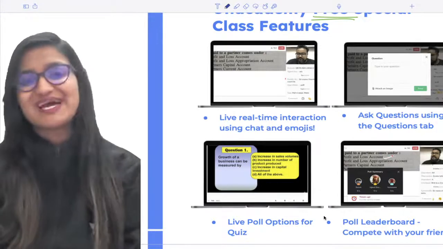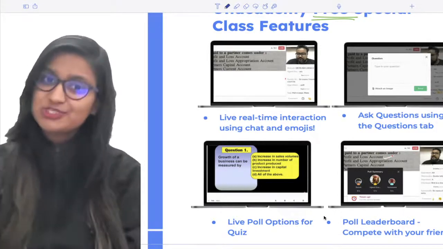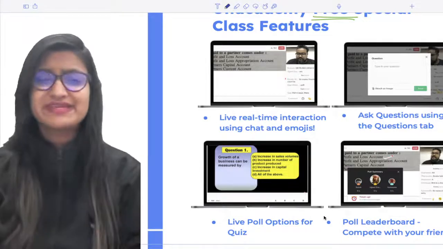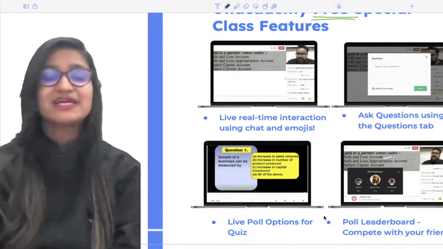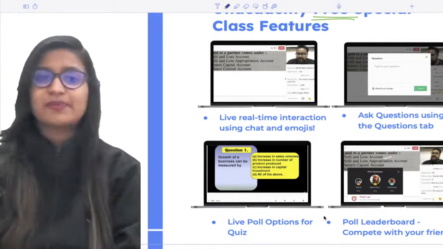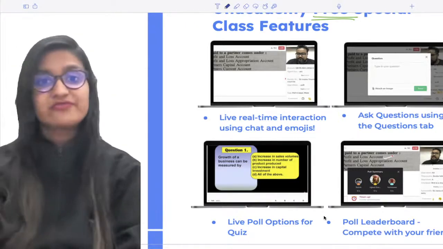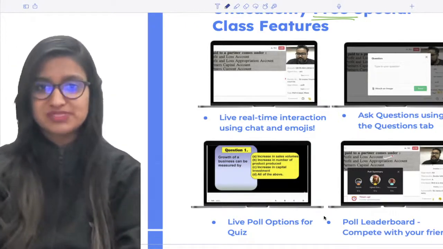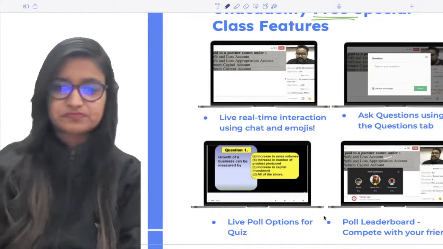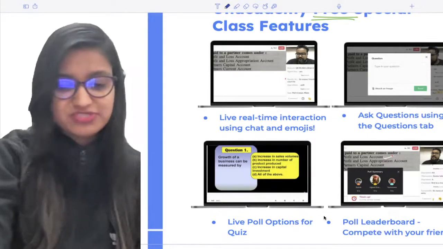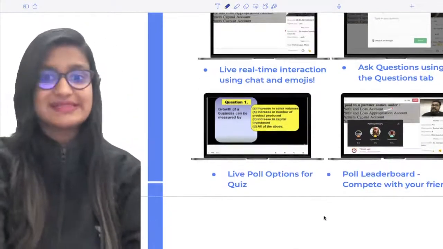In this way the class becomes very interactive and interesting. Everybody can participate in polls, so you can compete with your friends in a healthy manner.